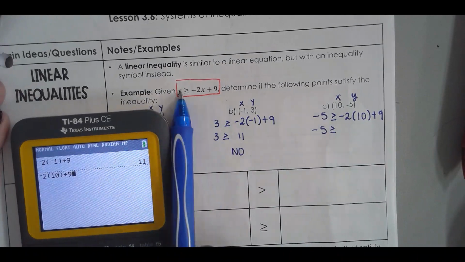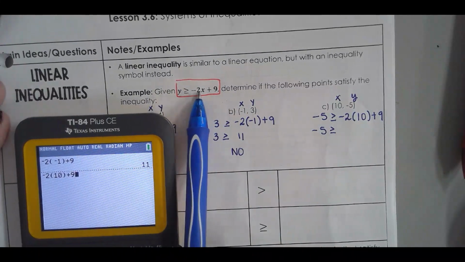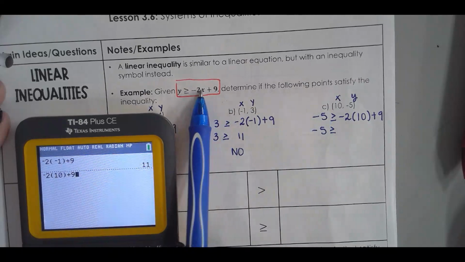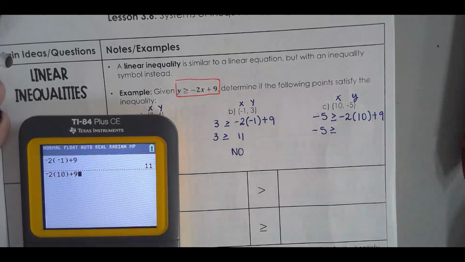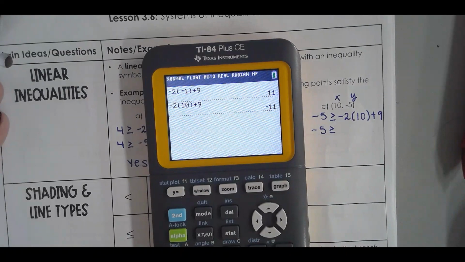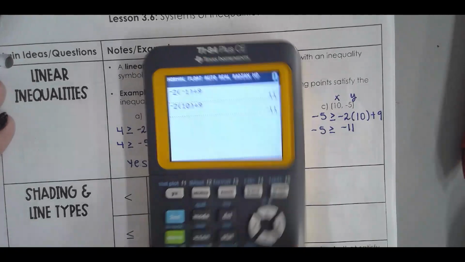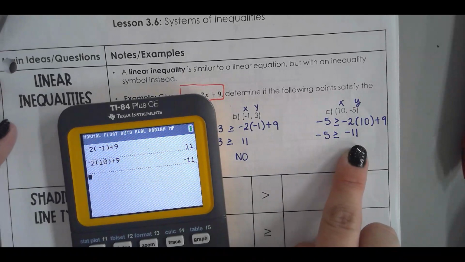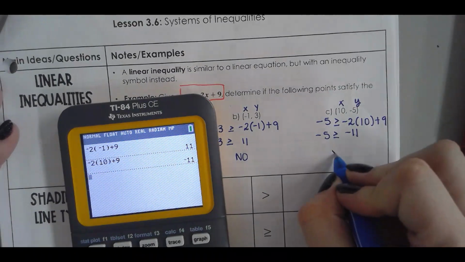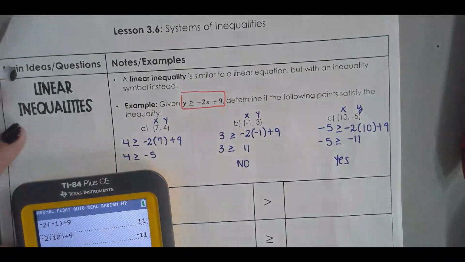I'm going to type that in the calculator to see what that is. It's negative 11. Is negative 5 bigger than negative 11? Yes, it is. So that means that this point is a solution.